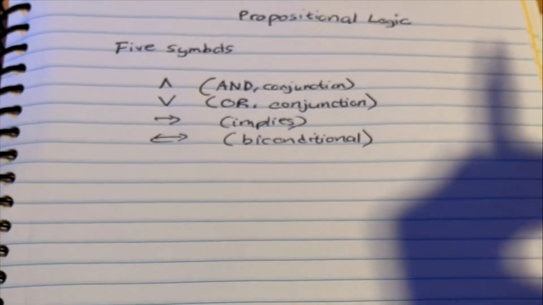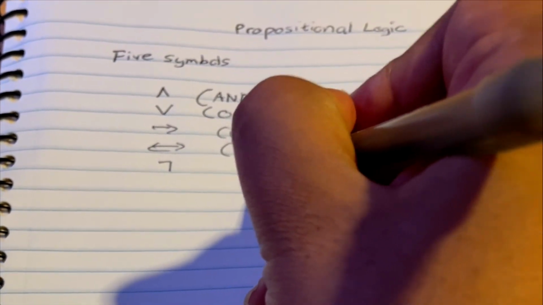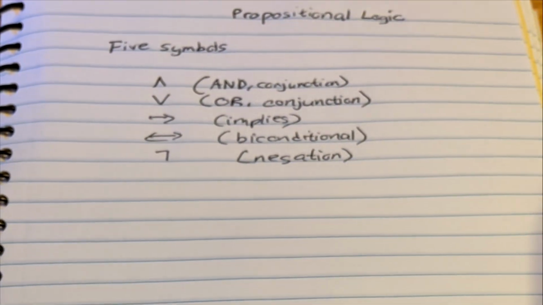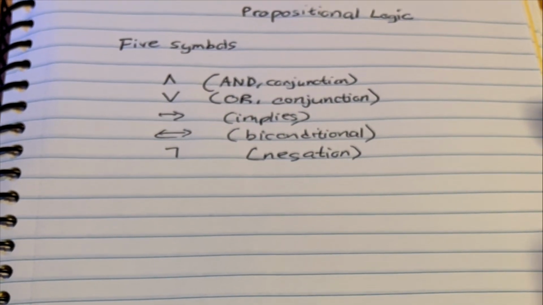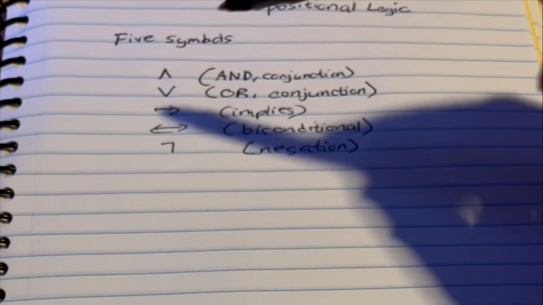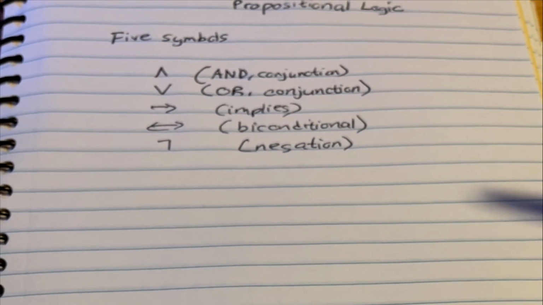And the last symbol is the negation. So this is a way to start off with propositional logic. We need to know these 5 symbols before we proceed any further and make sense of the topic.